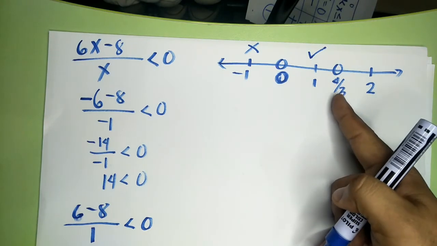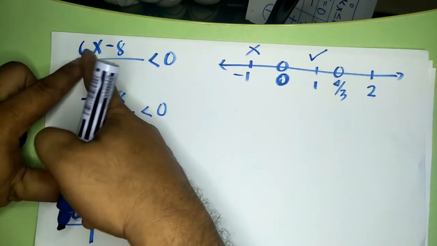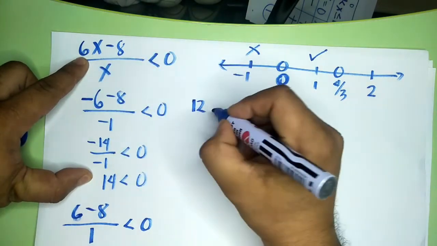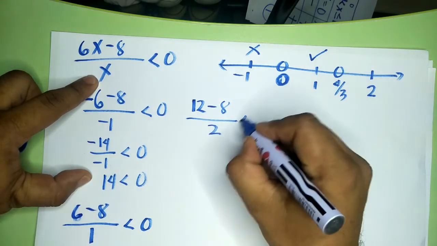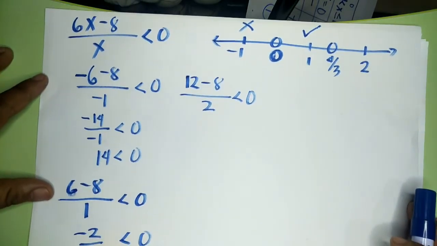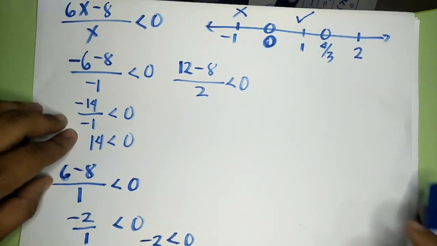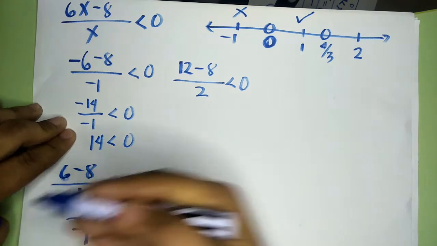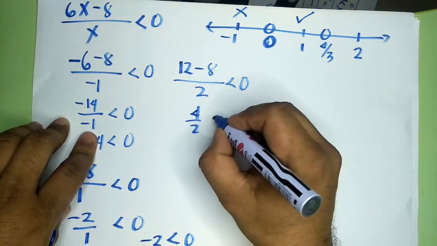How about yung nasa kanan ni 4/3? Subukan natin yung 2. So, 6 times 2 is 12 minus 8 over 2 is less than 0. 12 minus 8, that is 4 over 2 less than 0.